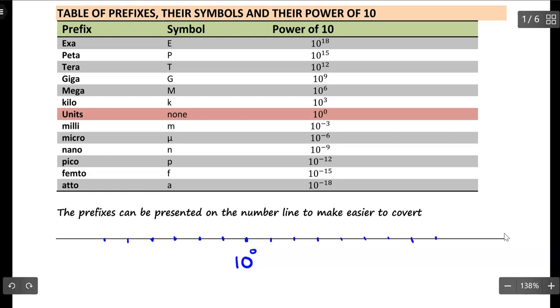Right here should be 10 to the negative 3. Then 10 to the negative 6, and then 10 to the negative 9, 10 to the negative 12, 10 to the negative 15, and then 10 to the negative 18.